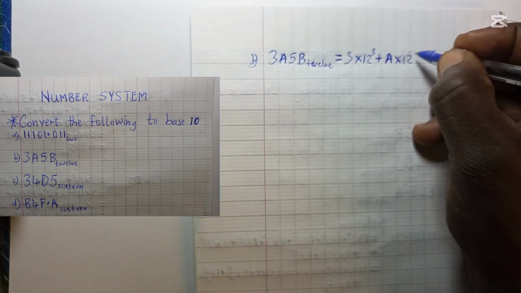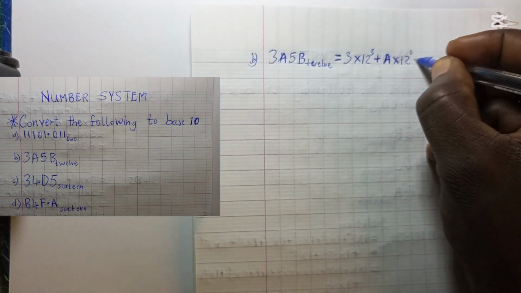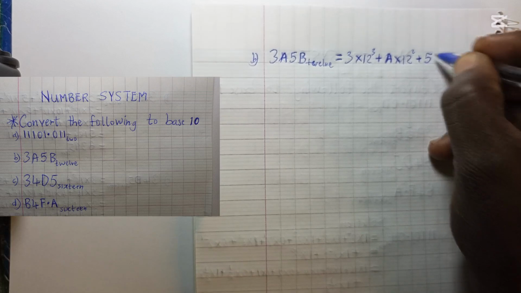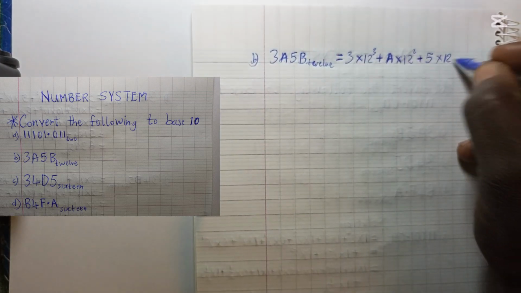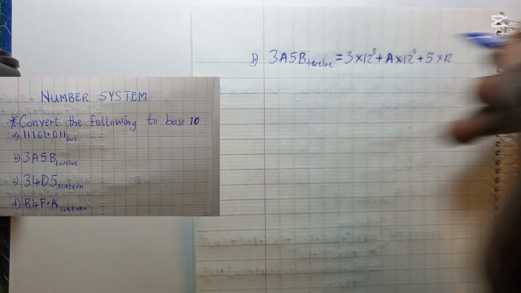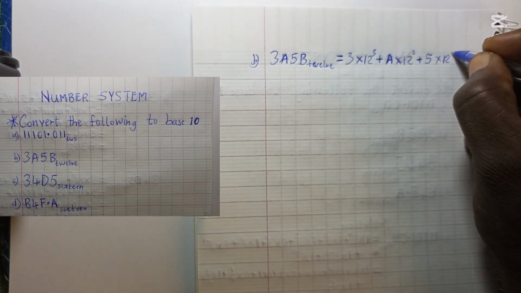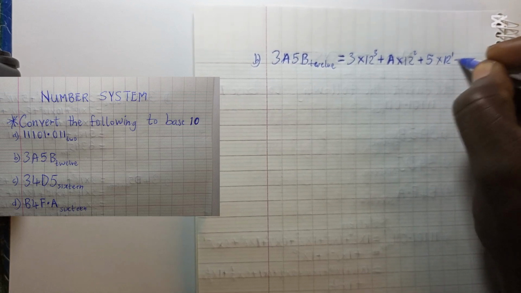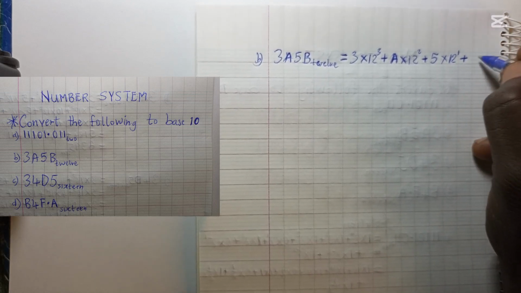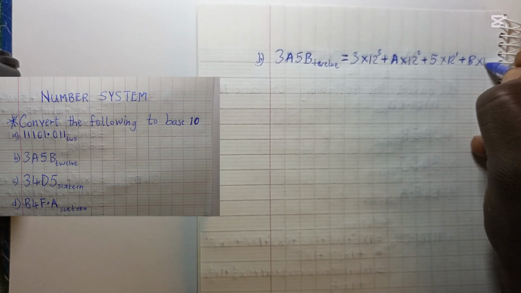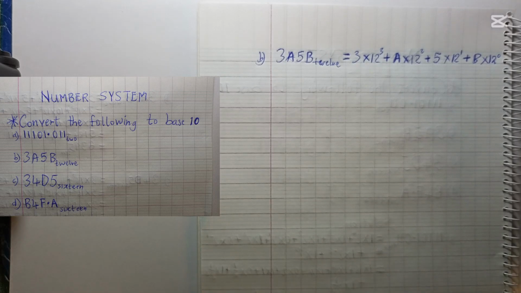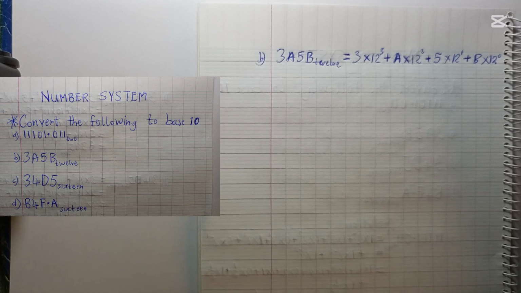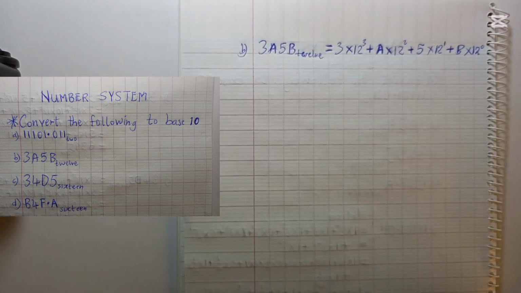We have 2, raised to power 2, plus 5 times 12 raised to power, we have only one digit, which is 1, raised to power 1, plus B times 12 raised to power 0.